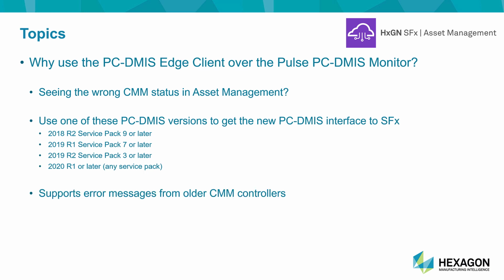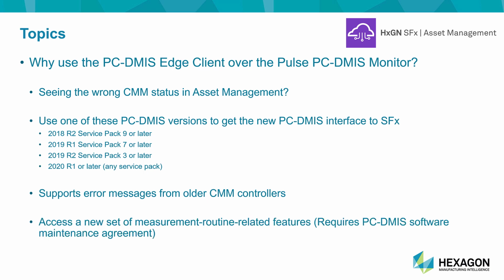Even better, the PC-DMIS Edge Client sends more kinds of information to SFx than the Pulse PC-DMIS monitor, including error messages from older machine controllers. Best of all, if you have a valid PC-DMIS software maintenance agreement, the new PC-DMIS Edge Client interface gives you access to a whole new set of features in asset management, including, by opt-in, dimensional results information.